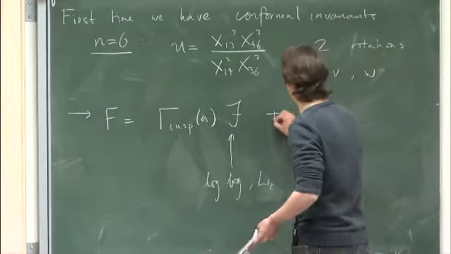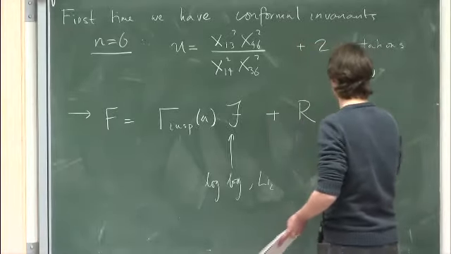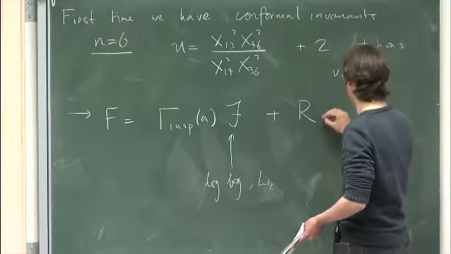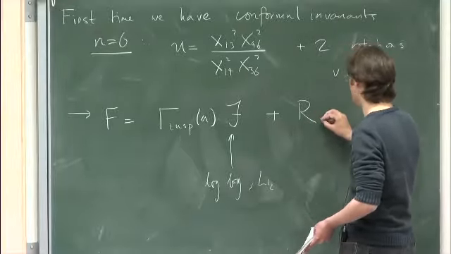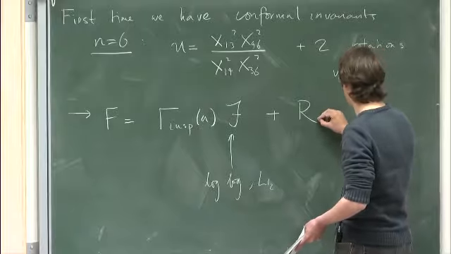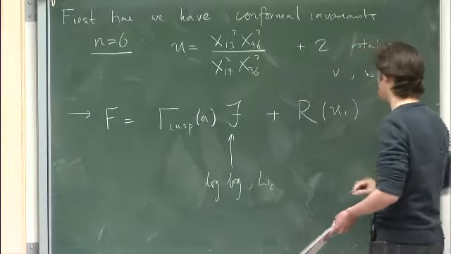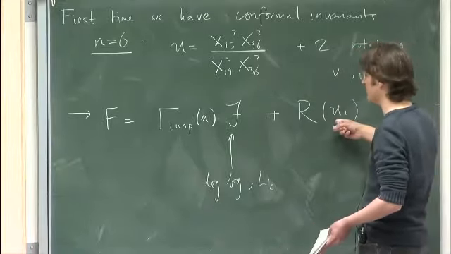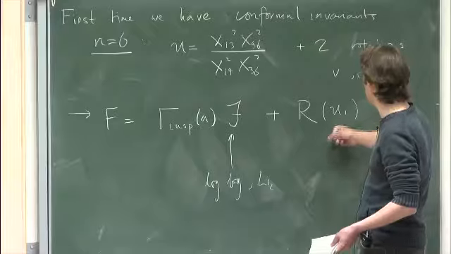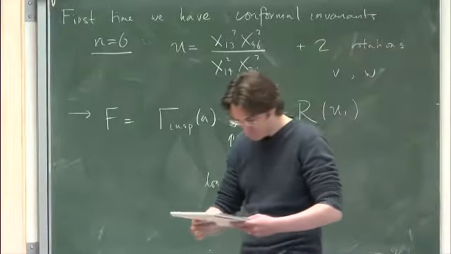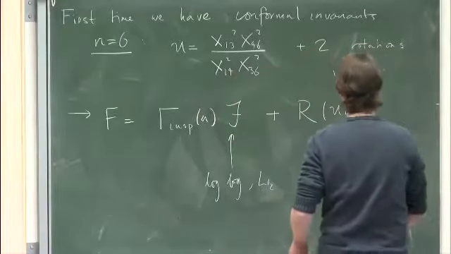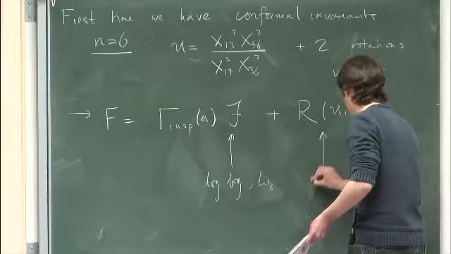And then the piece that we're interested in this talk, there will be some so-called remainder function denoted R, which is a function of these conformal invariants, a function of the ui. And that starts being non-zero at 6 points and beyond. Okay, so that's one of the objects that we're interested in this talk.